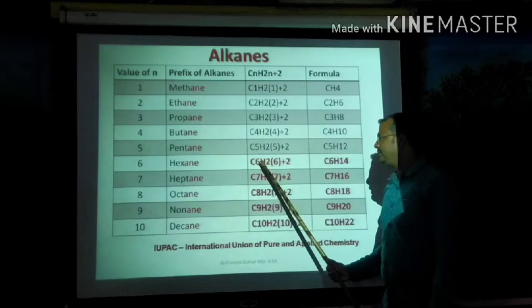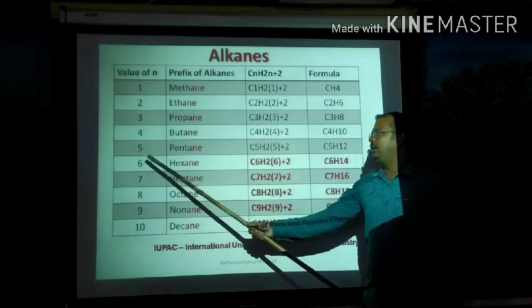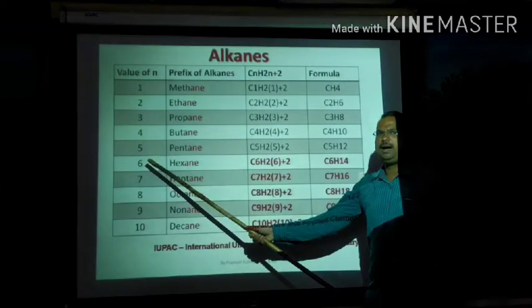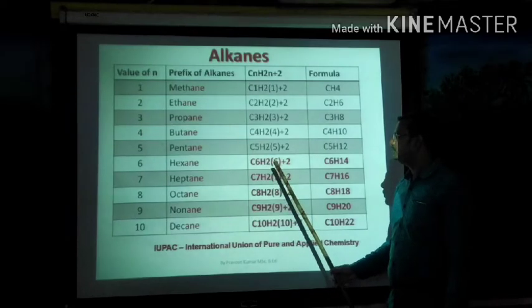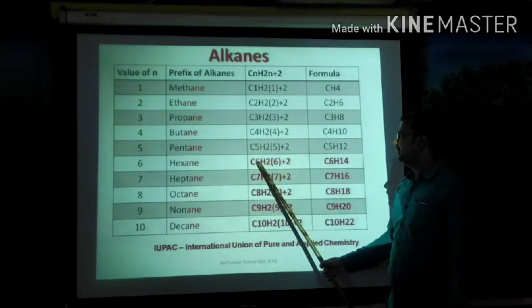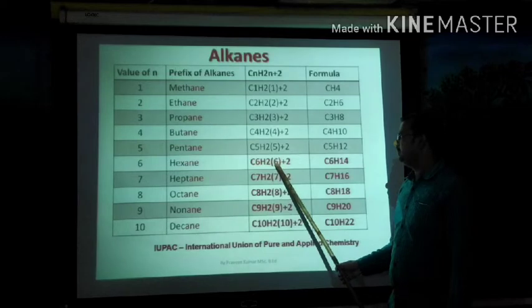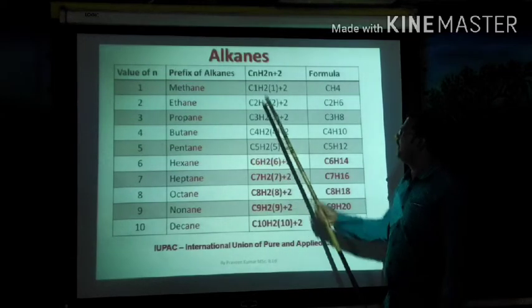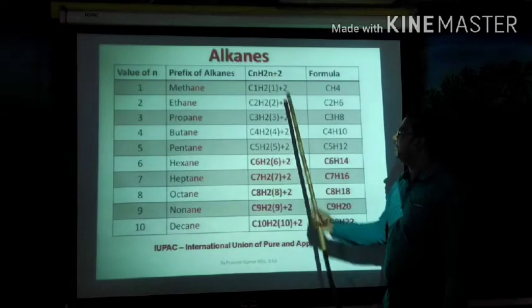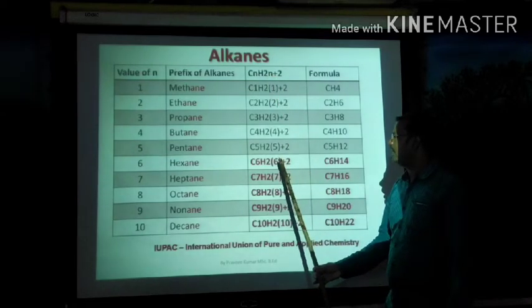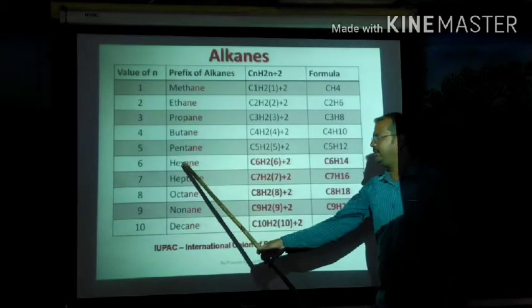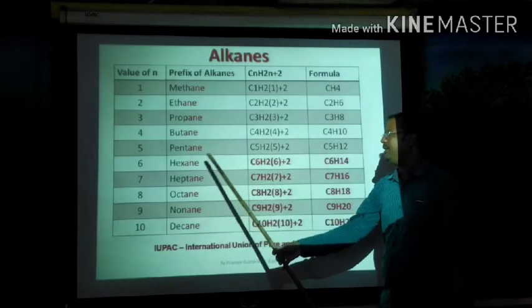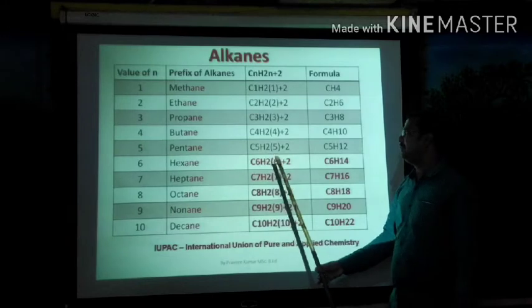Here, this 6 indicates the number of carbon atoms present in that alkane. Here it is CnH2n+2, where n indicates the number of carbon atoms. So here hexa means 6, meaning it has 6 carbon atoms.